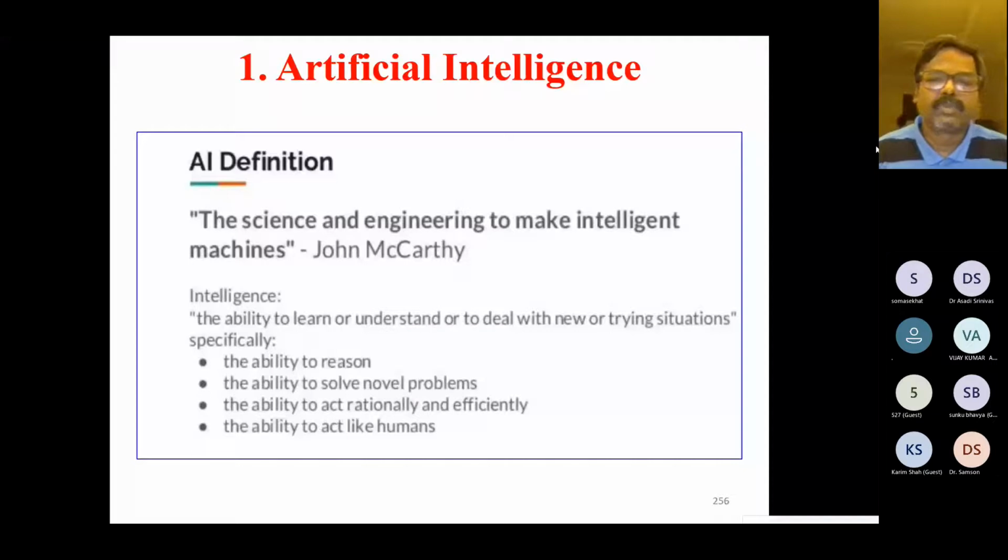Intelligence is the ability to learn or understand or to deal with new or trying situations, like the ability to reason, the ability to solve novel problems, the ability to act rationally and efficiently, the ability to act like humans. That is called intelligence.